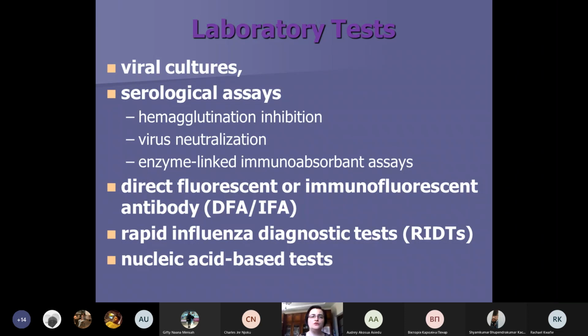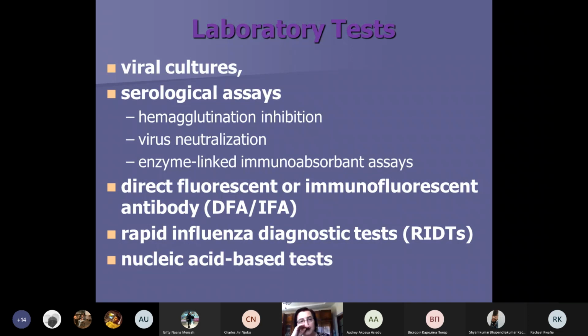Viral culturing, you understand, is a very serious and severe process. Serological assays can be used to detect an antibody response to influenza after natural infection or vaccination.